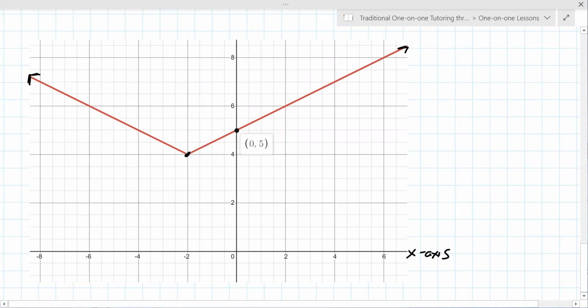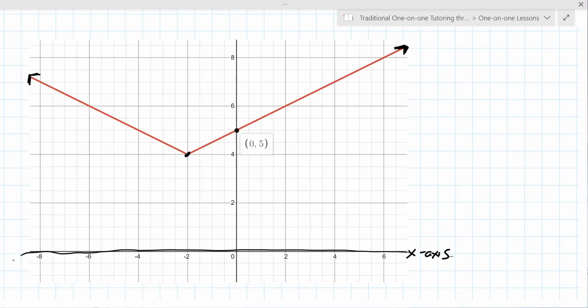And this line on the right goes up forever. So I'll ask my question again. Does this graph ever cross the x-axis here? Does it ever cross this line down here? No.